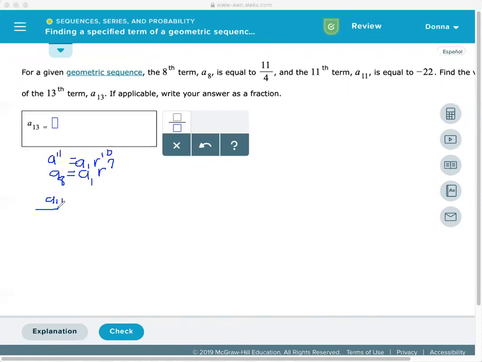So look what happens when we divide A11 by A8. We have A1 r to the 10th divided by A1 r to the 7th. The A1s cancel.